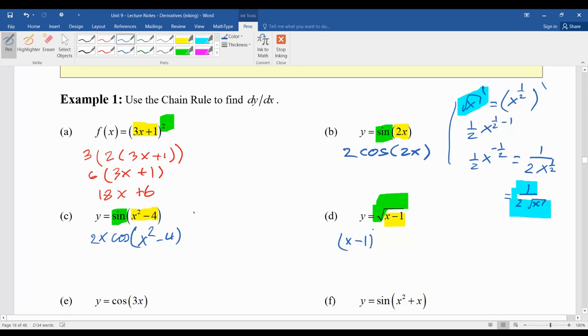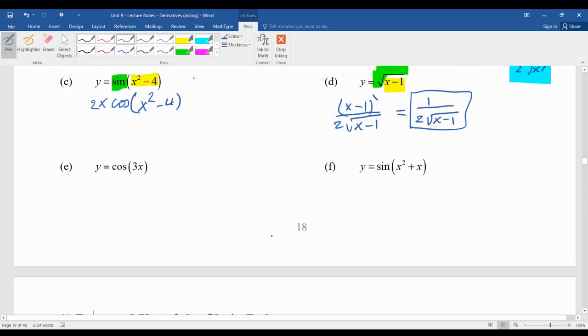The derivative of x minus 1 divided by 2 times the square root of x minus 1. So I'm taking the shortcut here, at the same time as it is a chain rule. The derivative of x minus 1 is simply 1, and then 2 times the square root of x minus 1, and that's my derivative. So this is how we're going to, each time, take the derivative of the square root.